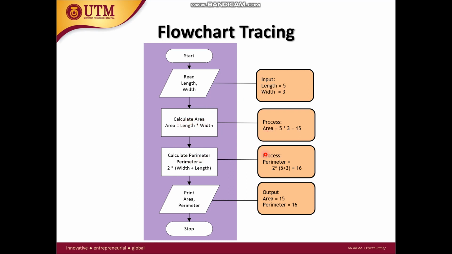Those are processes, or commands, or instructions based on their own formula. Area is length multiplied by width, while the perimeter is 2 multiplied by width plus length. So we can form both of them in one statement. Then when we are done with the process, we print the area and the perimeter of the rectangle.